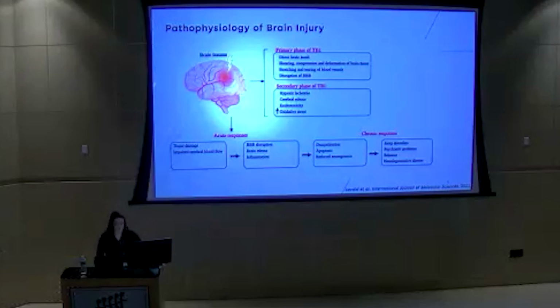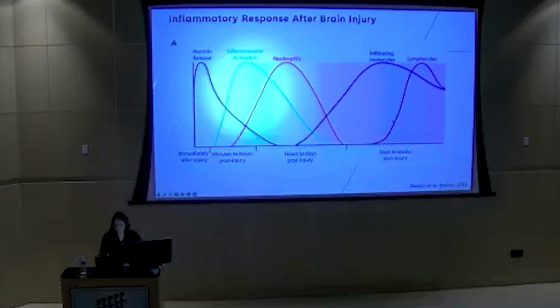There's a mass release of neurotransmitters, especially glutamate, which leads to excitotoxicity that causes cell death. And then there's a release of oxidative species, such as reactive oxygen species, which also leads to cell death. And all of this leads to chronic responses that contribute to neurological deterioration in these patients.